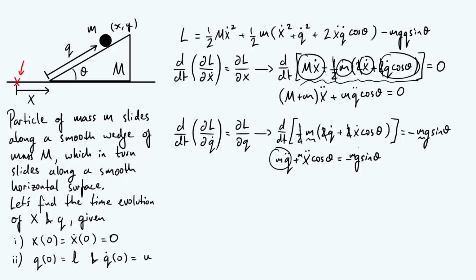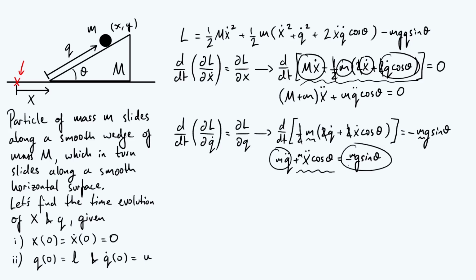The right-hand side is easy to interpret because that's just the weight of the particle projected in the direction parallel to the slope of the plane, and it has a minus sign because it's acting down the plane. Then this middle term is basically a fictitious force that arises because we are in an accelerating frame.